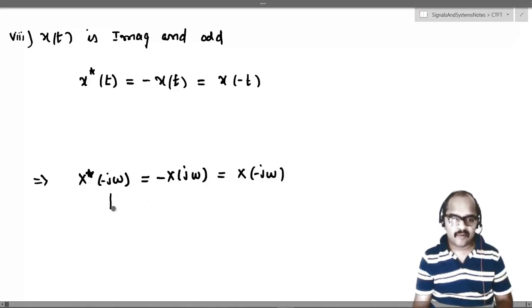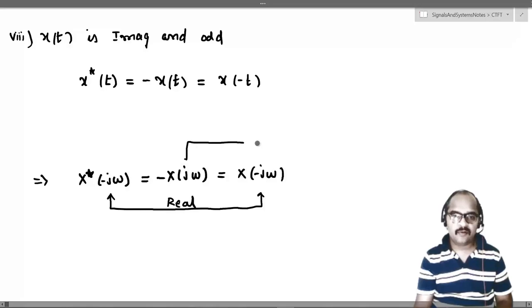So first and last terms, what does that tell us? A function's conjugate is the function itself, meaning that function should be real. And what do the second and third terms say? It says that x of minus j omega equals minus x of j omega. That means it is odd. So what about the time domain signal here?